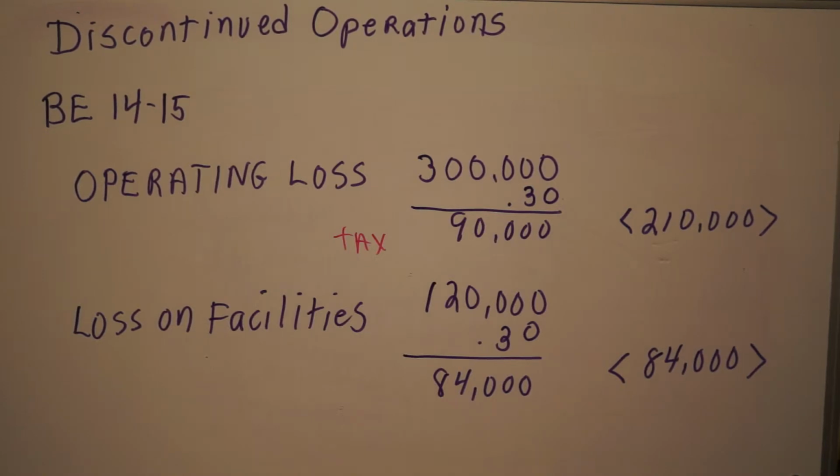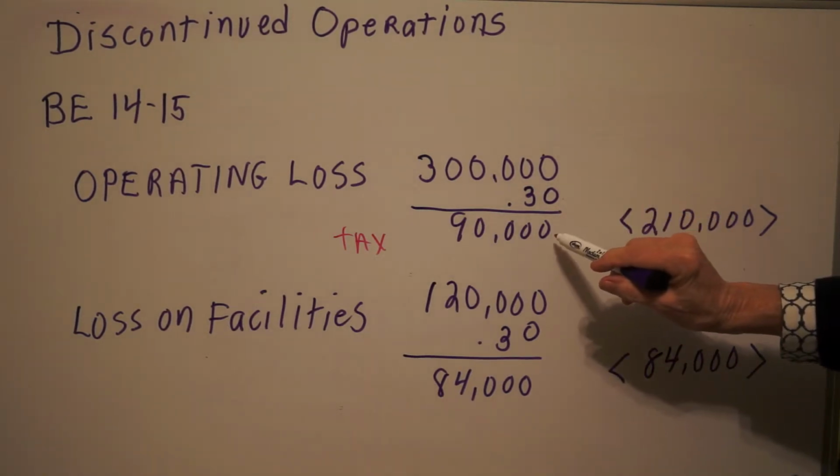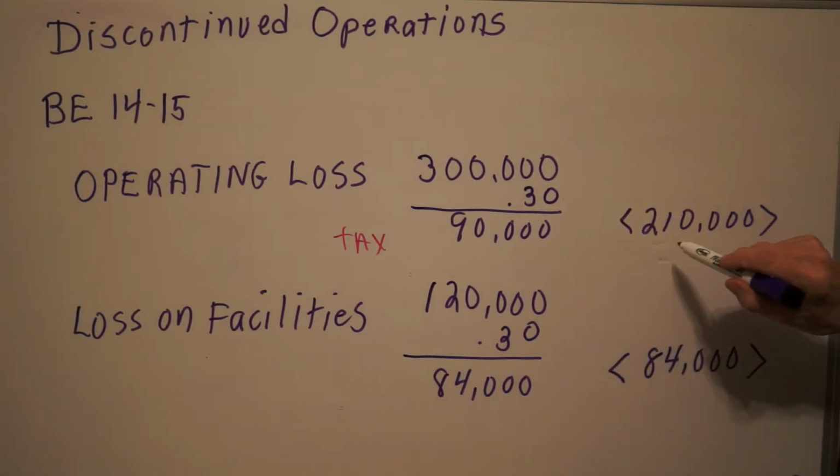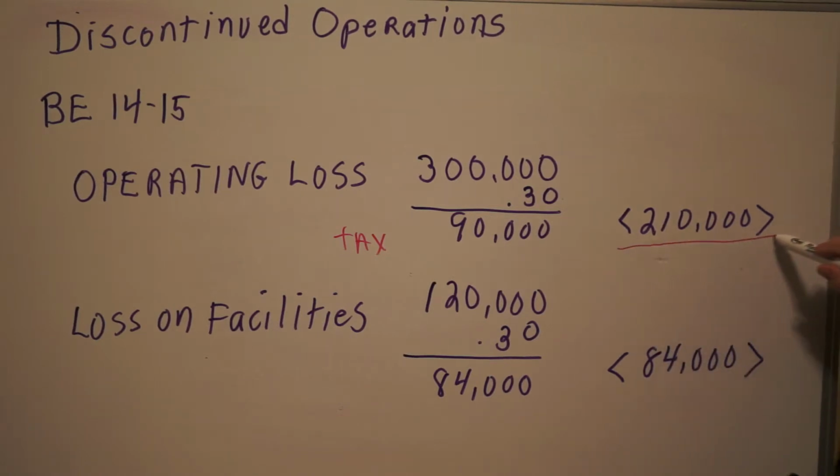And so when we go the 300,000 minus the tax impact, the loss that we would report would be this negative 210,000.